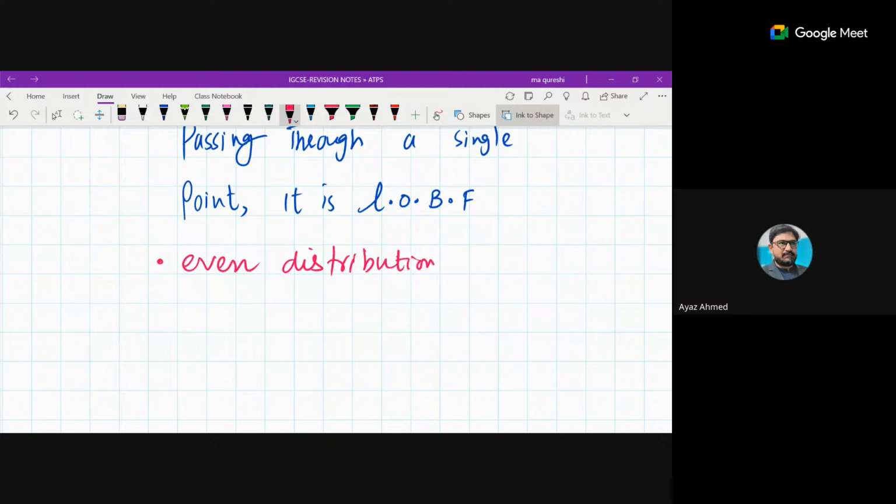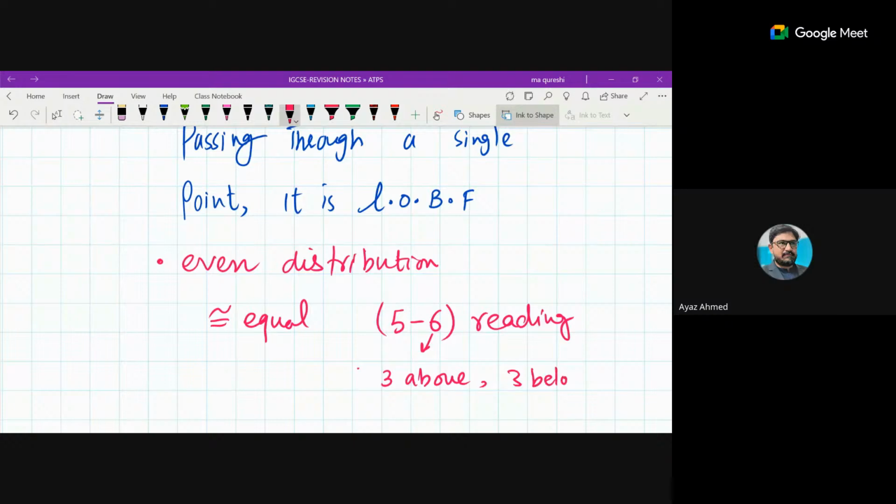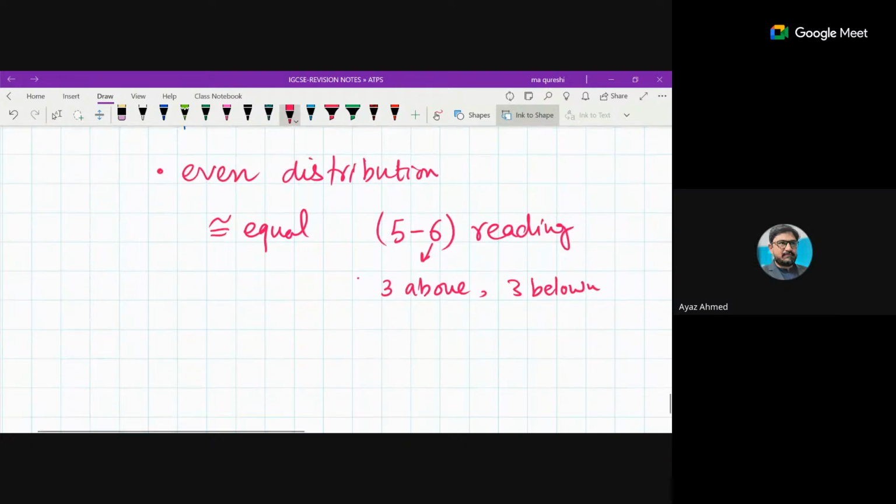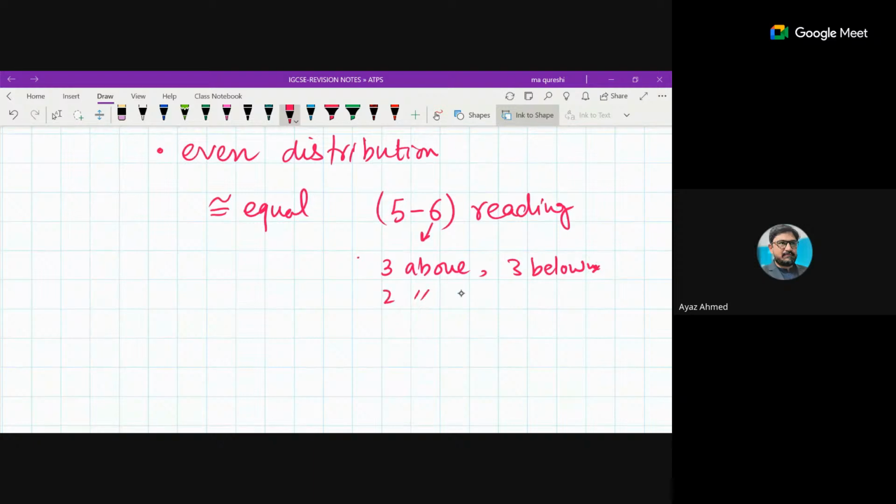Yes. What is even distribution? Even distribution means almost equal. Almost equal का मतलब mostly you have 5 to 6 readings, right? So if I make them 6, for example, 3 above, 3 below, perfect line, or 3 below, 2 above, or 3 above, 2 below, right?